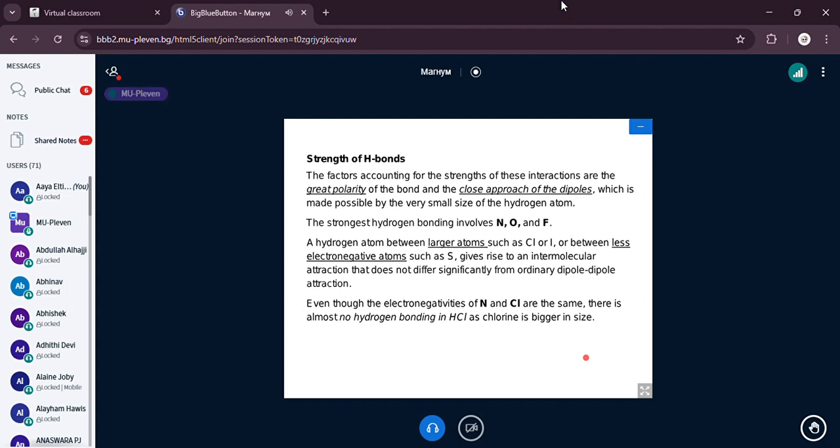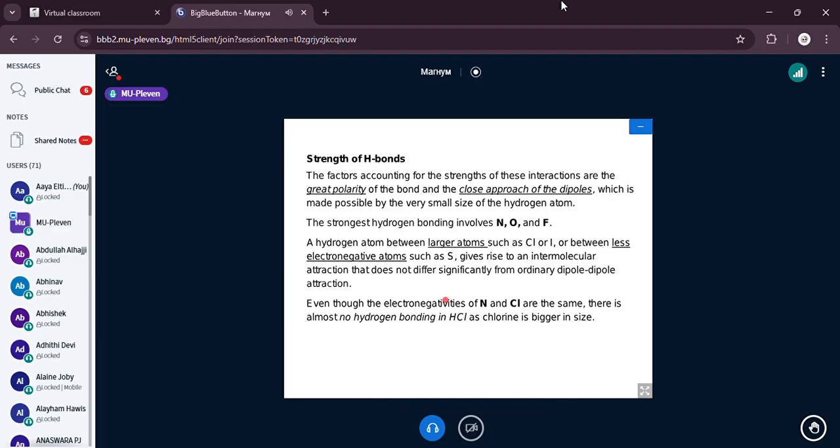Why? First, the size of these atoms is large. And second, sometimes the electronegativities are smaller than the electronegativities of nitrogen, oxygen, or fluorine.